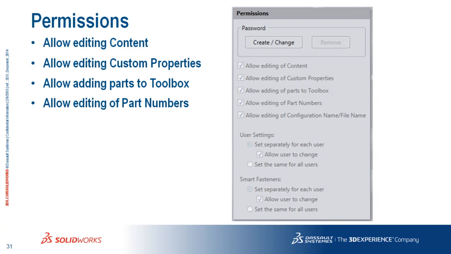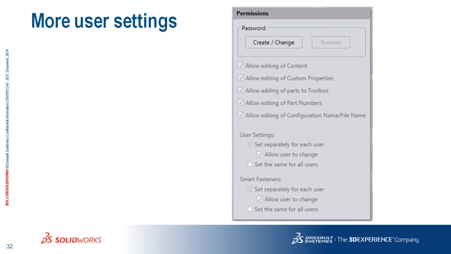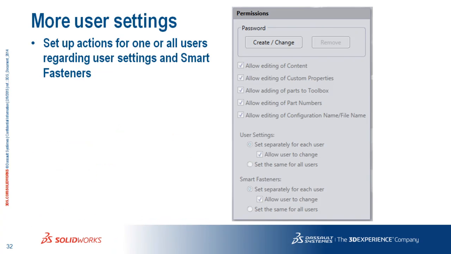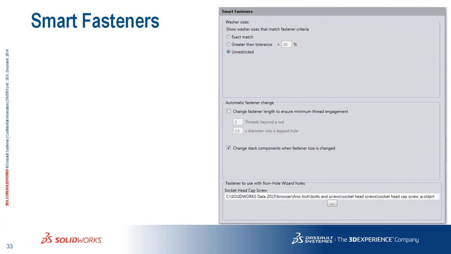Allow editing of part numbers. Allow editing of configuration file name. Under the user settings, you can set up actions for one user or all users. And you can also change that for smart fasteners, which brings us to the smart fasteners tab.